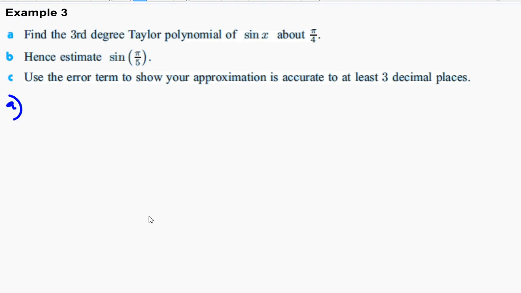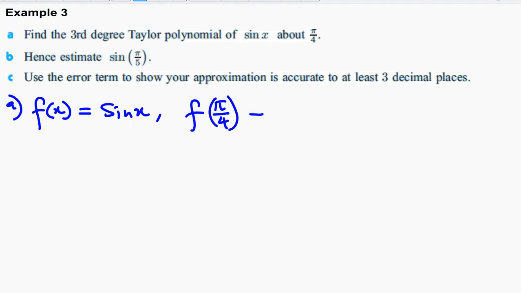So a, f of x is equal to sine x. So the value of sine x at x equals pi over 4 will be equal to sine pi over 4, which we know is 1 over root 2.